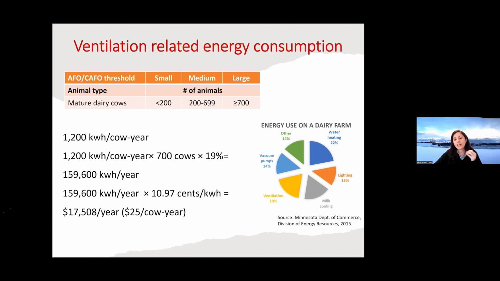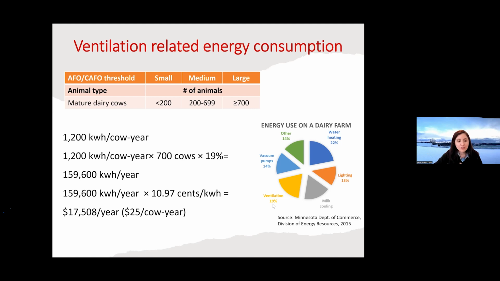So how much energy are we using every year on a dairy farm? Let's assume it is 1200. Okay, an assumption. And then I chose 700 dairy cows. 700 is slightly under 1000 animal units, but it is kind of at that range, so it is a large animal feeding operation. Let's multiply these numbers, and then we assume it is 19%.